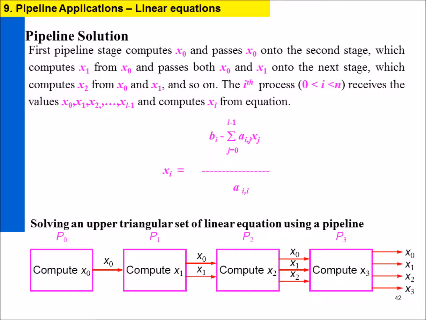The ith process, where i is between 0 and p, receives the values x0, x1, x2, x3, and so on until x(i-1), and computes xi from the equation as shown in pink here. xi is bi minus the summation from 0 to i-1 of aij xj, divided by aii.